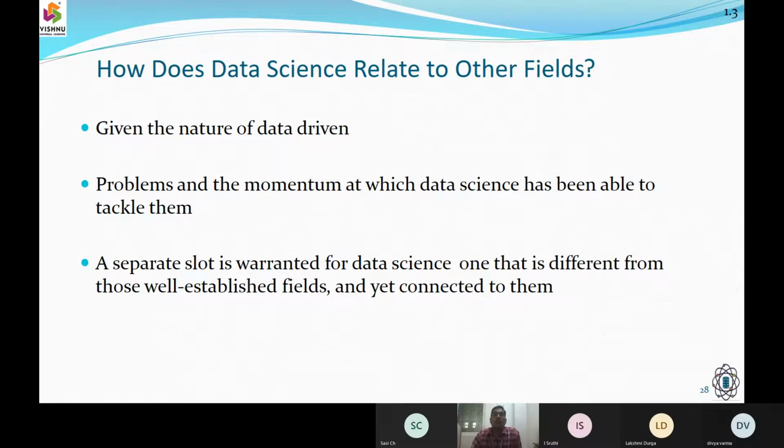We were mentioning that data science is a multidisciplinary or interdisciplinary word. The next question was how data science is related to other fields. Relating to the other fields is in the form of nurturing data, where the business experts or domain experts understand the problem and give a set of solutions.